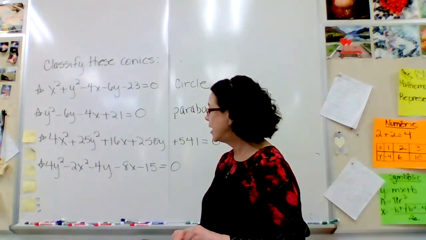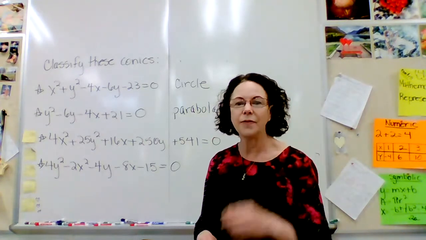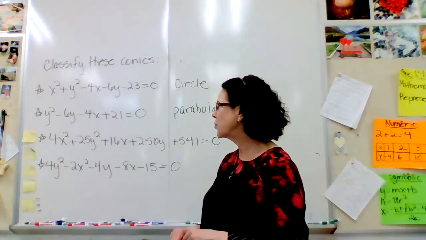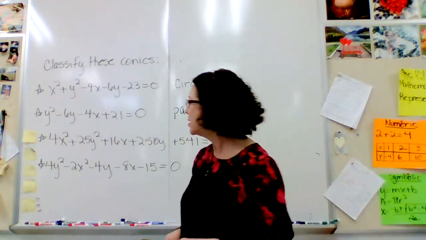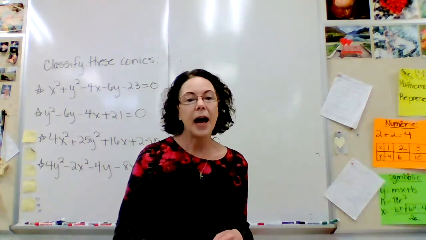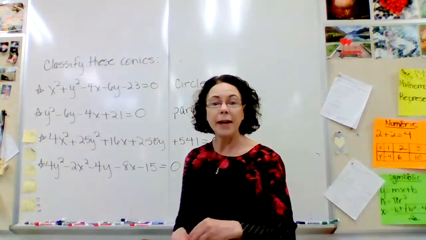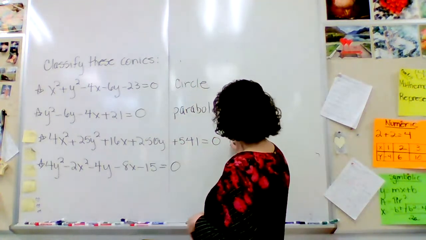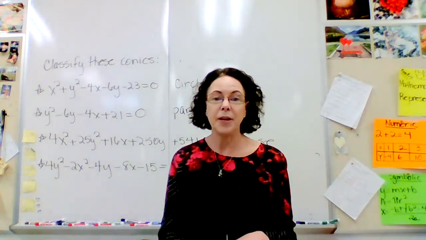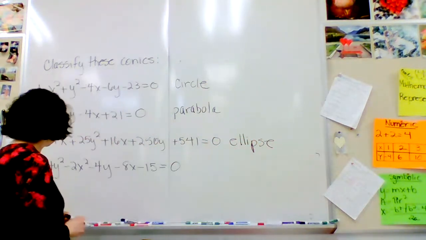They both have the same sign as far as positive or negative. So it is not a hyperbola. This is either a circle or an ellipse. It is an ellipse because there are different coefficients on the squared terms, making a major and minor axis. This is an ellipse.